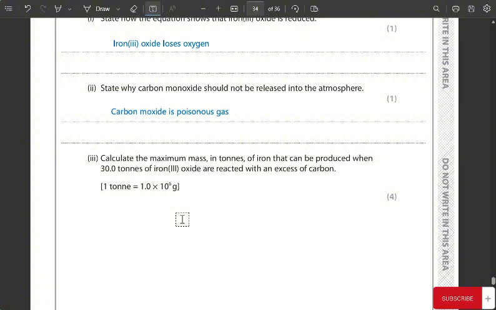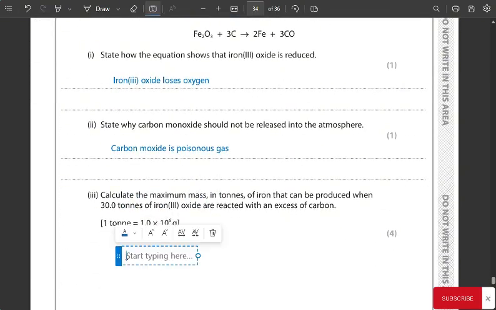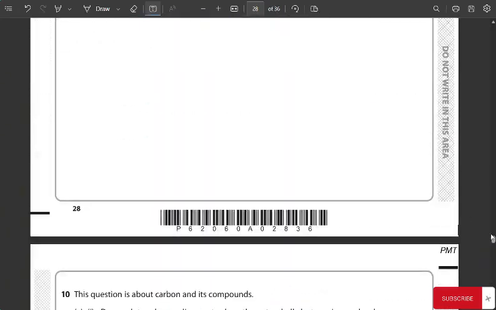Calculate the maximum mass in tons of iron that can be produced when 30 tons of iron(III) oxide are reacted with an excess of carbon. First of all, we should find the molar mass of iron(III) oxide. 2 multiplied by the molar mass of iron, you will see it from the periodic table.